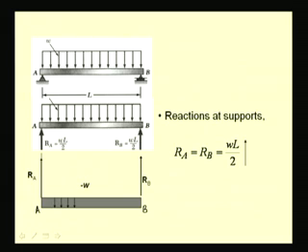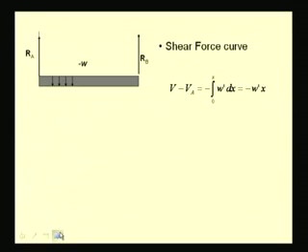In between A and B we have this uniform load, which is negative because it is a downward load, and so we mark minus W newton per meter. So, this shows the negative loading between A and B. Now, let us see how to determine the shear force curve from this loading curve.